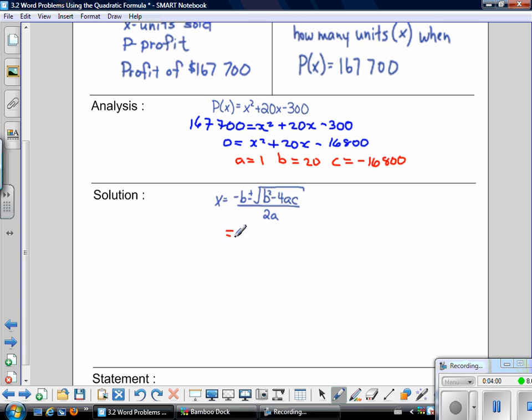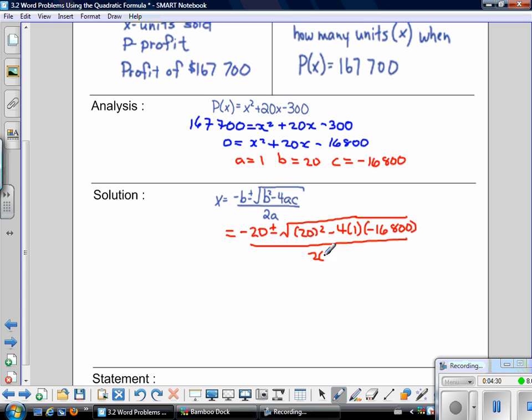So we end up with negative 20 plus or minus the square root of 20 squared minus 4 times our 1 times our negative 16800. Remember that's all underneath the square root. And we have 2 over 2 times 1.